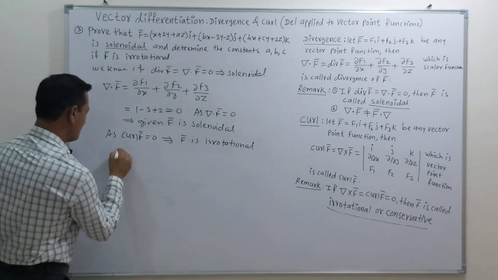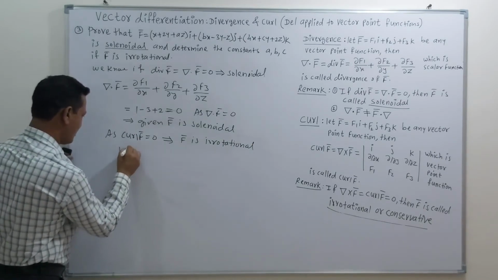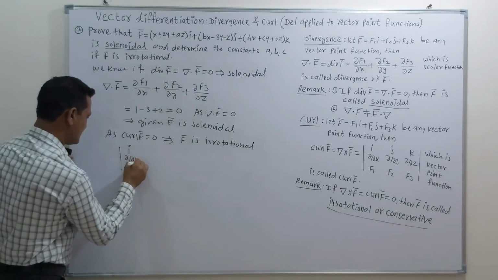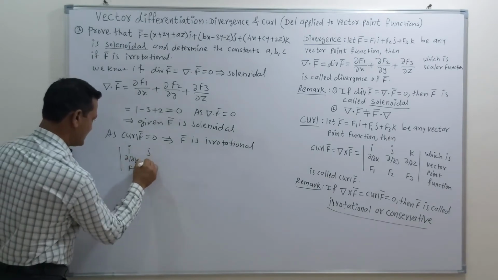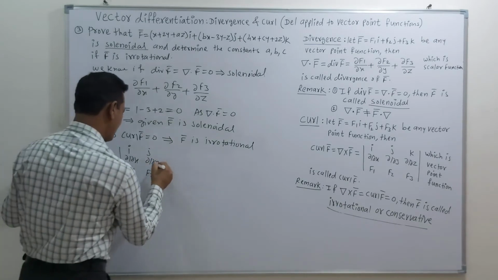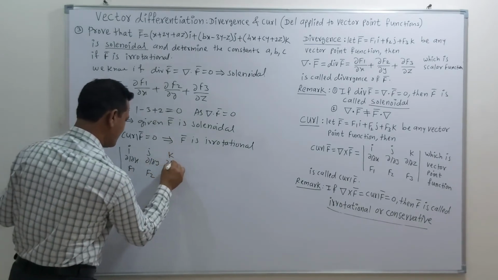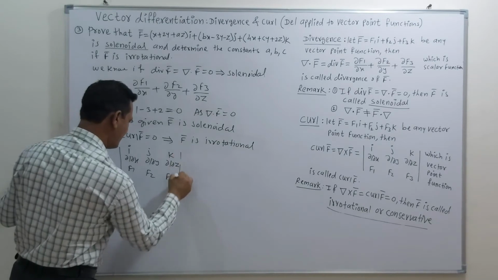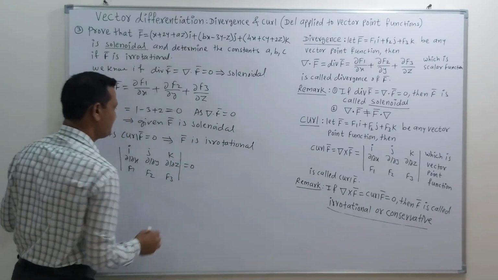So that means we have to find the determinant of i, partial derivative with respect to x, f1; j, partial derivative with respect to y, f2; then k, partial derivative with respect to z, f3. This determinant is equal to 0.